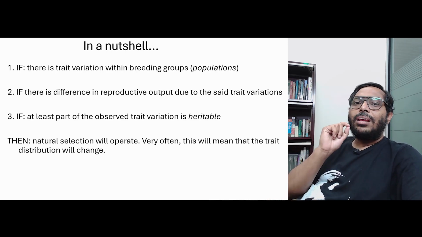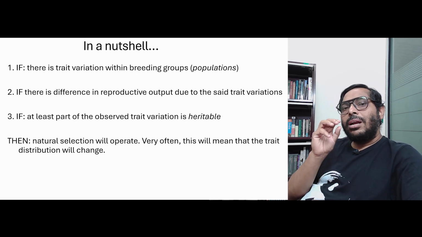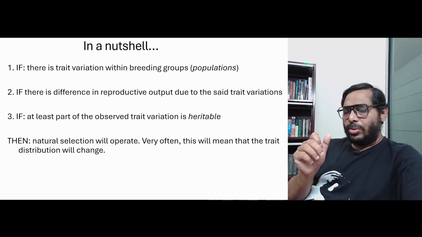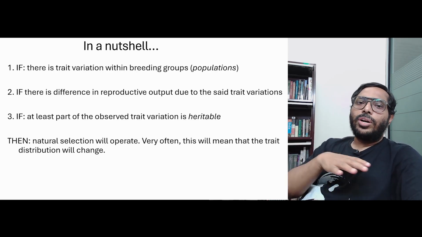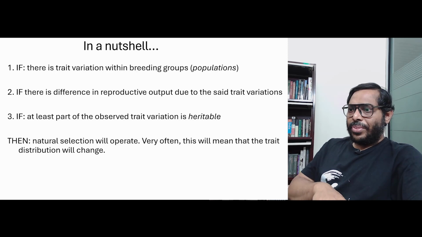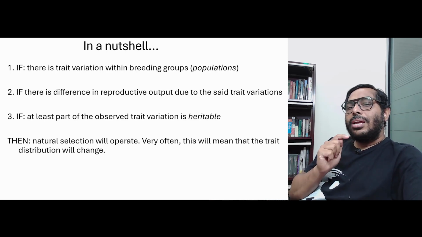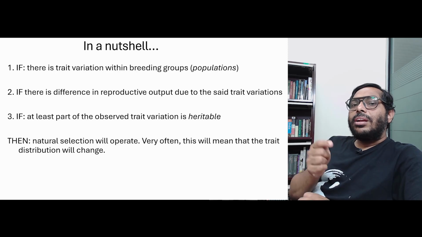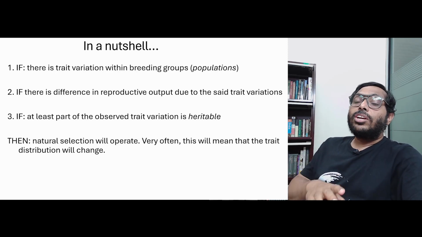Now what exactly does that mean? Very often that means that the trait distribution will change. Either the mean will increase or decrease, or the variation will increase or decrease. However, this is the interesting part, it's not essential that the properties of the distribution will always change under the effect of selection.